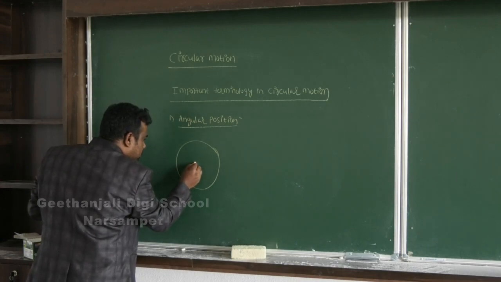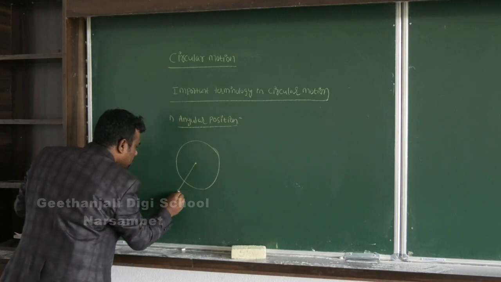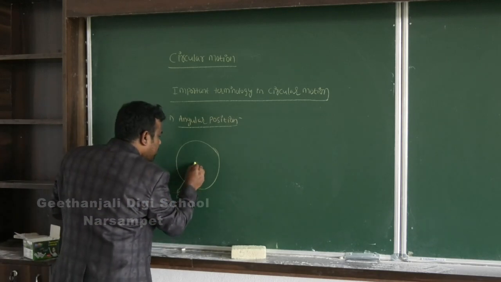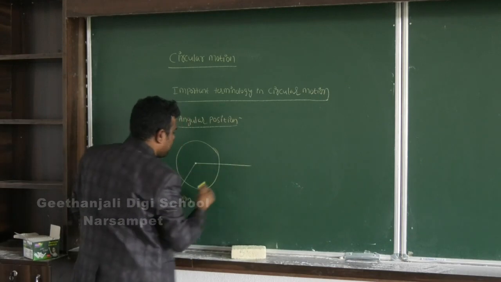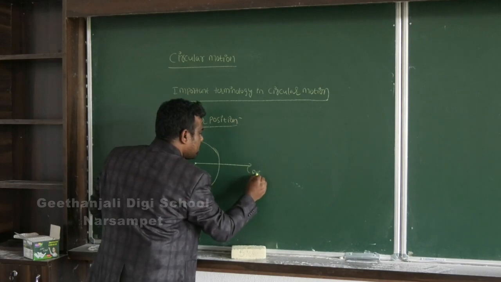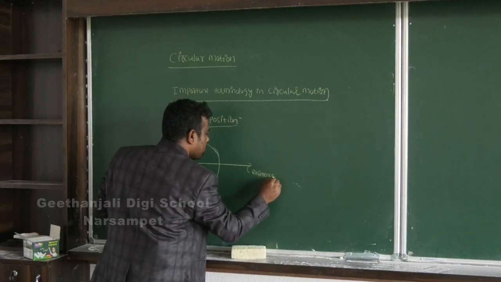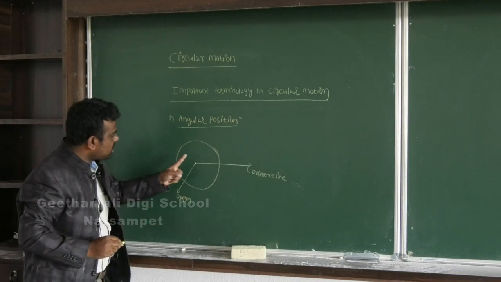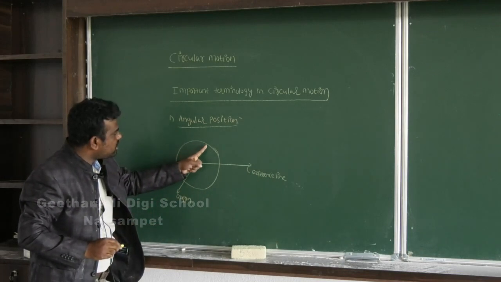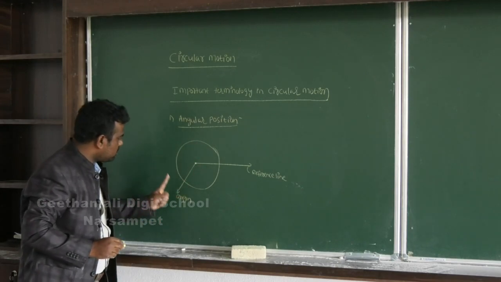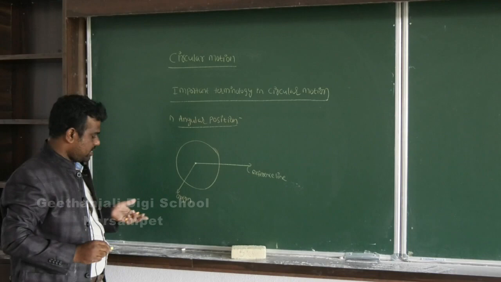I call this point the origin, and let us draw one horizontal line. I call this horizontal line the reference line. So to decide the angular position of any particle, we need these two. One is origin, other one is the reference line.